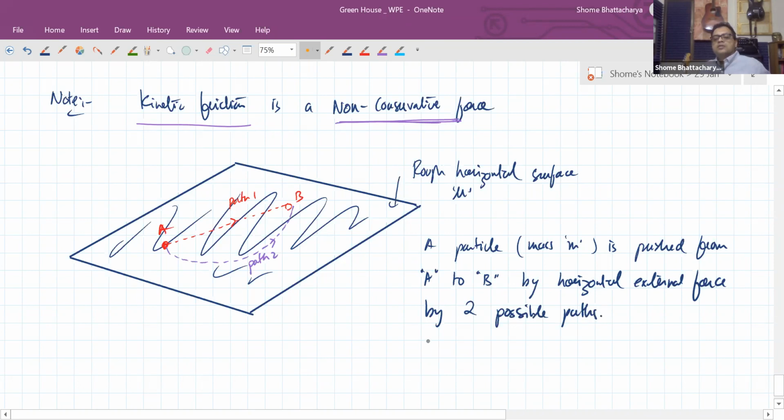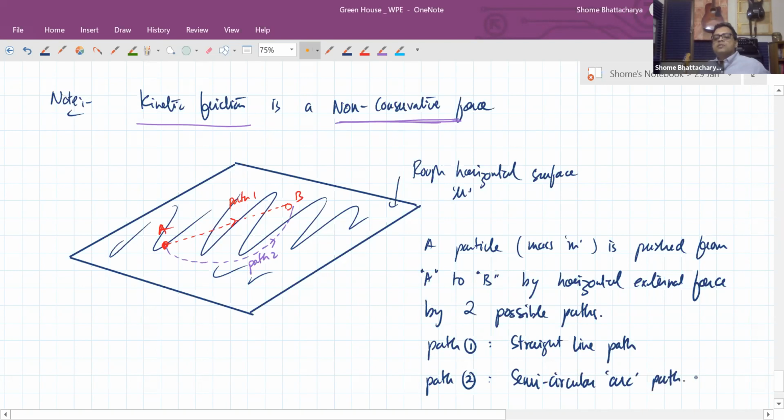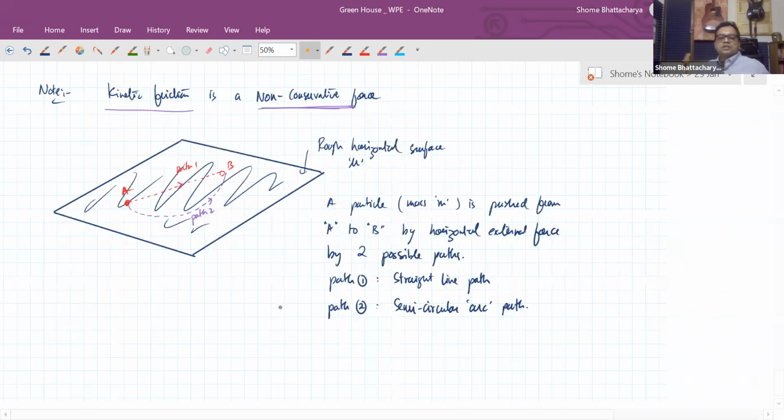Path 1 is a straight line path, and path 2 is, let's say, a semicircular arc type of path. Okay, so calculate the work done by friction in each case.